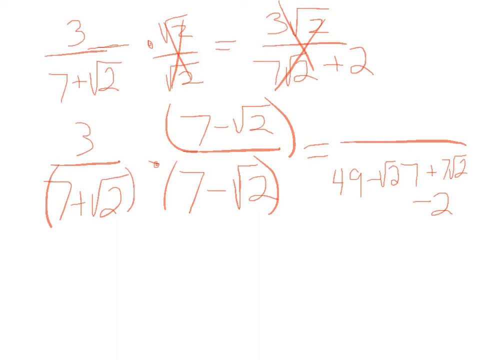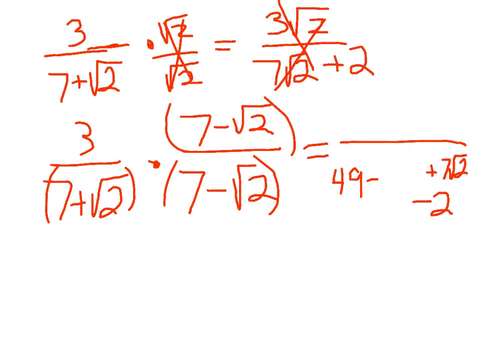Okay, and let me go ahead and flip this around so that you can see it a little better. So 7 square root 2. You see that these two terms would cancel each other out? And so I would just be left with the whole number of 47 down below, which is good. I've gotten rid of all my square roots.